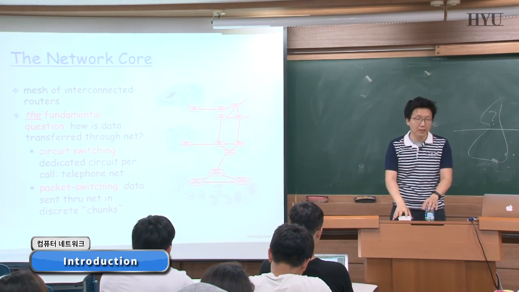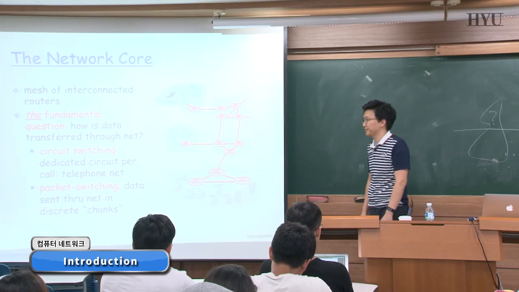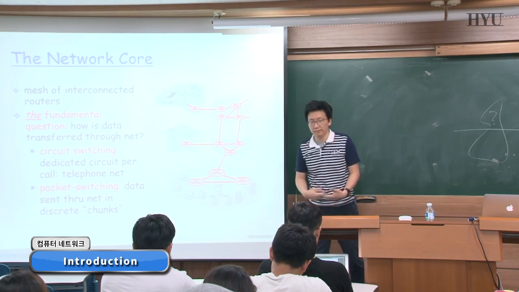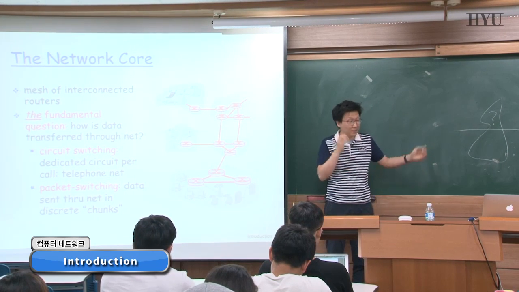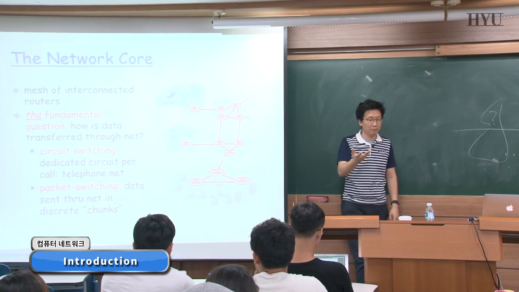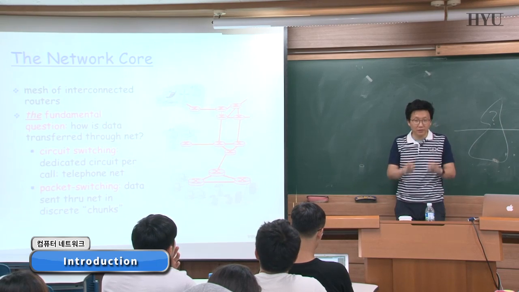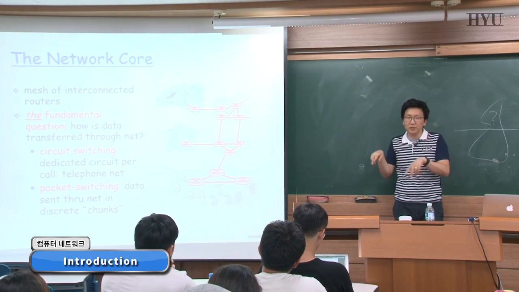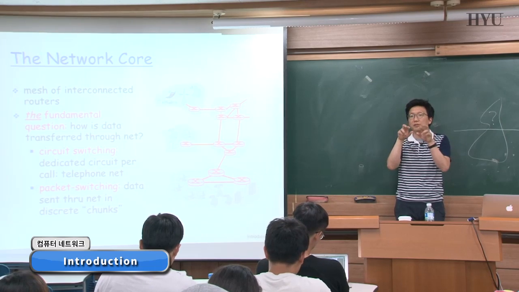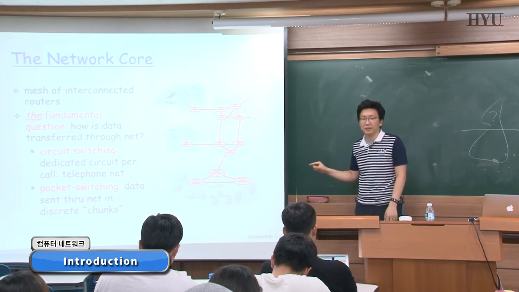That's one part. Packet switching: data is sent through the network in chunks. For example, with BitTorrent, you're sending a 1.5 gigabyte movie file. That movie file will be split into very small chunks, for example 1500 bytes, and each one will be sent through.